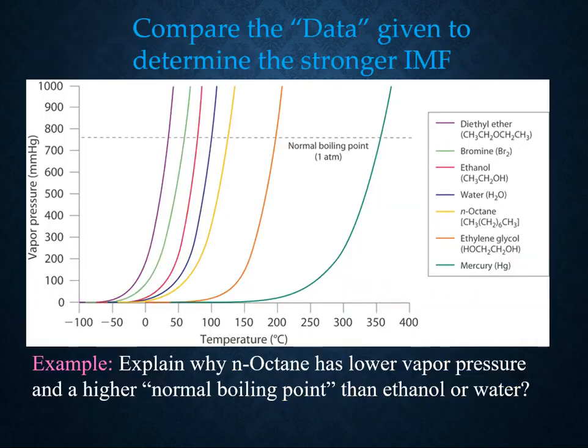Last example here is looking at this vapor pressure curve. Explain why n-octane has a lower vapor pressure and a higher normal boiling point than ethanol or water. So go ahead and compare that. Okay, n-octane has a lower vapor pressure and a higher normal boiling point. So if we're comparing here, looking at the normal boiling points, that's where they would be on the graph. We know the vapor pressure is lower at the different temperatures, based off of the vapor pressure curve.